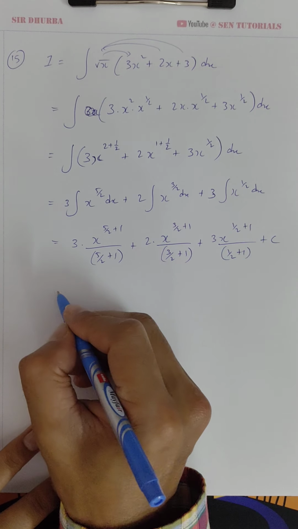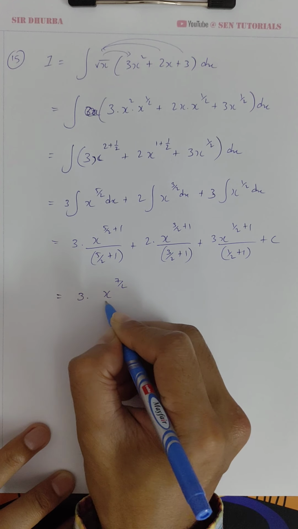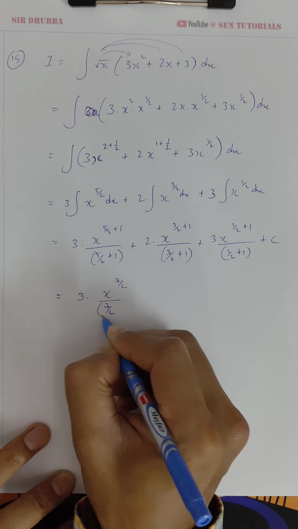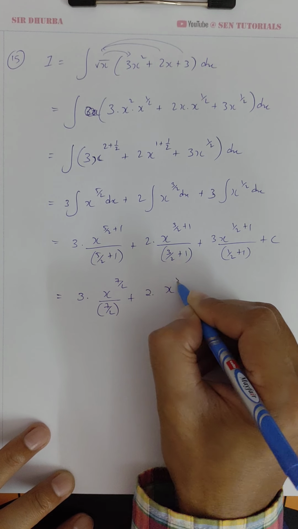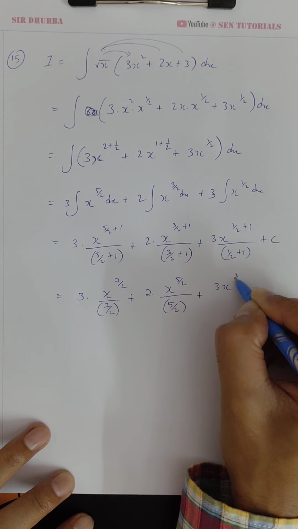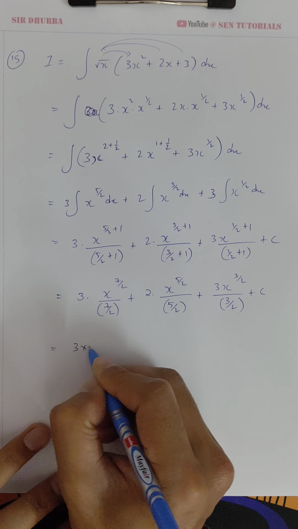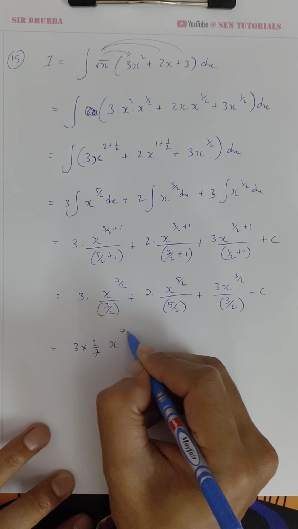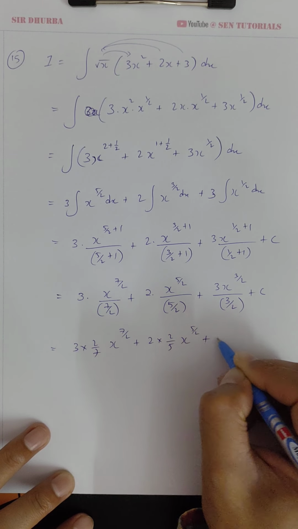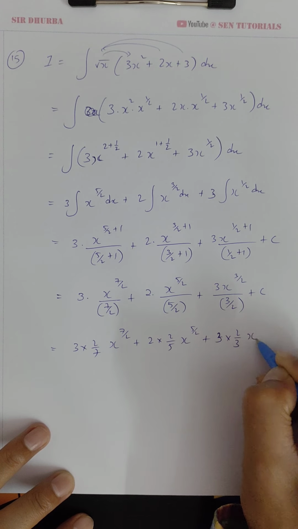Plus c. So that's going to be 3x power 7 by 2. So denominator also, okay, let me just write, no problem. So that's going to be 3 into 2 by 7, 2 into 2 by 5, 3 into 2 by 3.